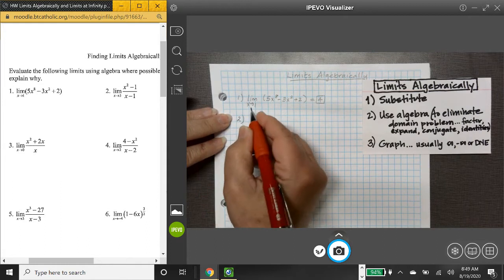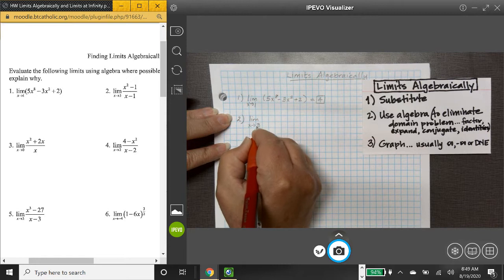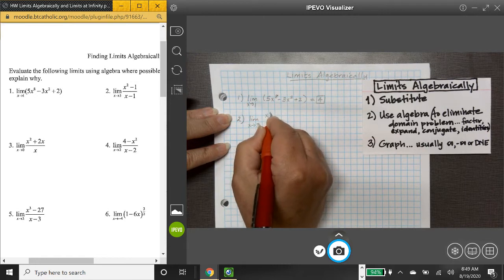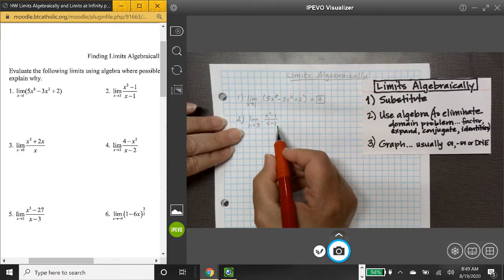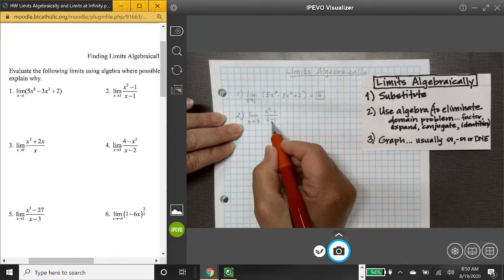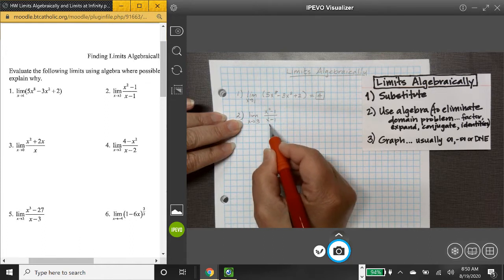All right, number 2 is the limit as x approaches 3 of x squared minus 1 over x minus 1. Now this one looks a little bit trickier because you've got a denominator and you think maybe you might not be able to substitute. But in this case, we're approaching 3. So this function has a problem when x is 1. So I can definitely substitute into this one as well.